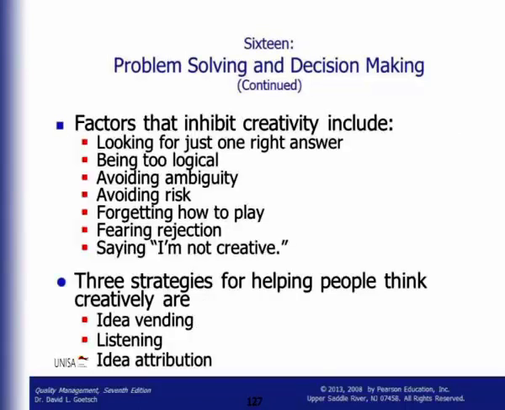Factors that inhibit creativity include looking for just one right answer, being too logical, avoiding ambiguity, avoiding risk, forgetting how to play, fearing rejection, saying, "I am not creative." Three strategies for helping people think creatively are idea vending, listening, idea attribution.